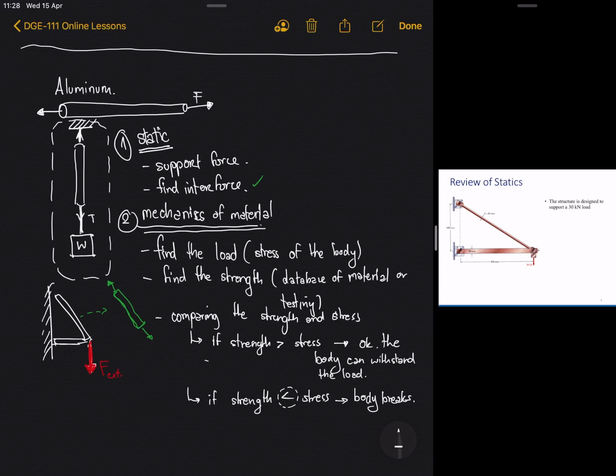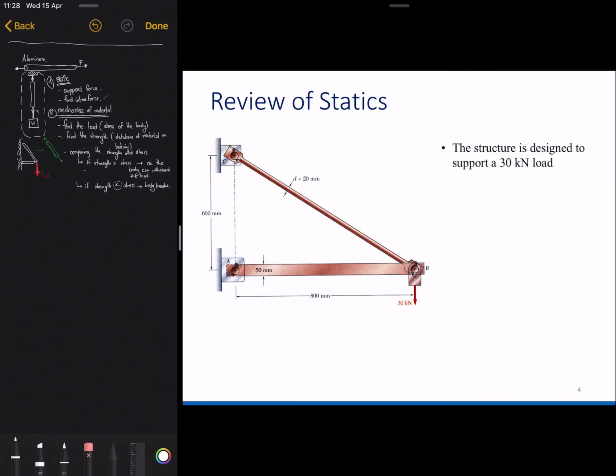Let's see what it means by these summaries. Okay, you see in the near problem, I will leave this on the left side so that you can still see it. So first we have the structure is designed to support a 30 kilonewton load.